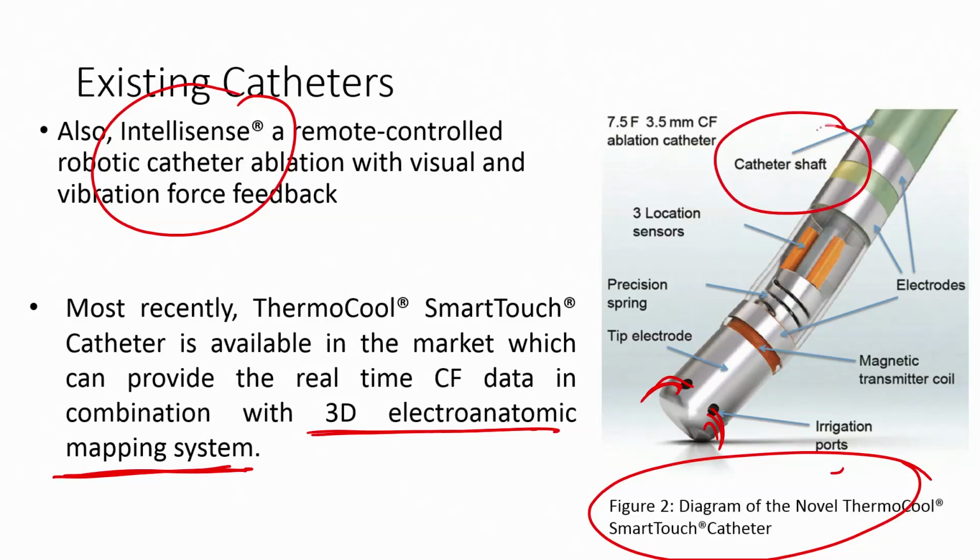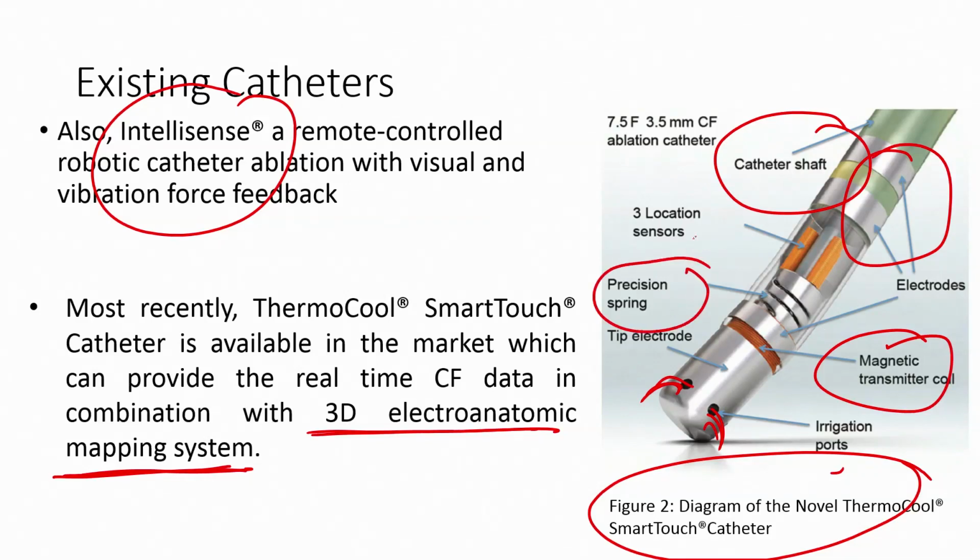There is a catheter shaft, right. There are electrodes over here also, a magnetic transmitter coil is there, a precision spring is there, and it can not only measure the force sensing, it can also do electrical mapping and also apply RF ablation. Again the contact force ablation catheter is about 3.5 millimeter in diameter.